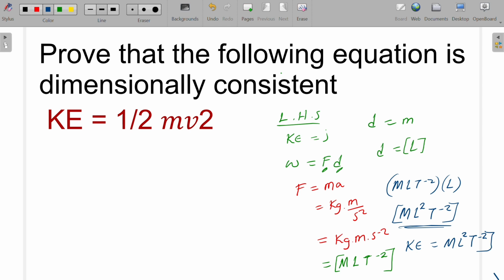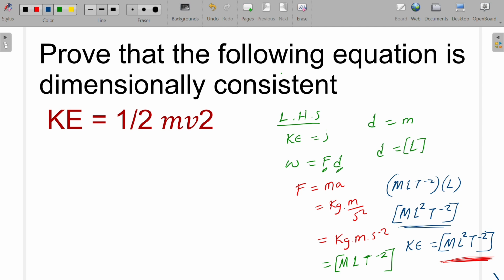So these are the dimensions that we have for kinetic energy. So the left-hand side has got the dimensions of M, L to the power 2, T to minus 2. Now, the formula will be dimensionally correct or consistent if what we are going to find on the right side is the same as what we have on the left-hand side. So let's check that.